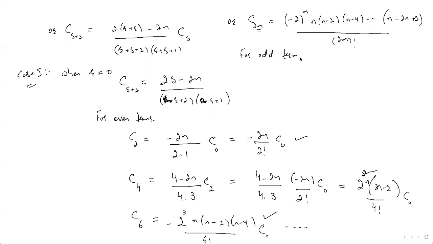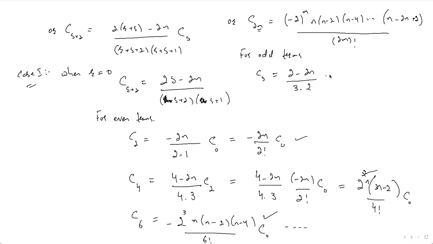For odd terms, for example, s is equal to 1, so this will be equal to c3, s plus 2, that is 3, c3. This is minus 2n divided by, r is s plus 2, so s is 1, 1 plus 2, it is 3 into 2.